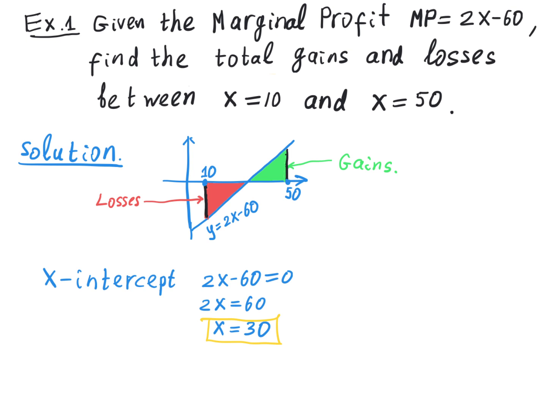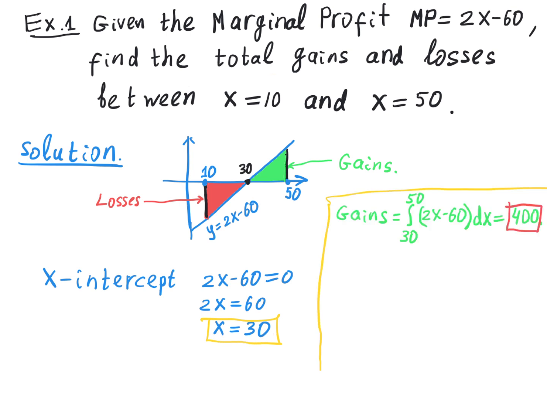So we set 2x minus 60 equal to 0. And from here we get that x must be equal to 30. So to compute the gains, we integrate from x equals 30 to x equals 50. We integrate our marginal profit, and when we plug it into our calculator, we get the answer 400.